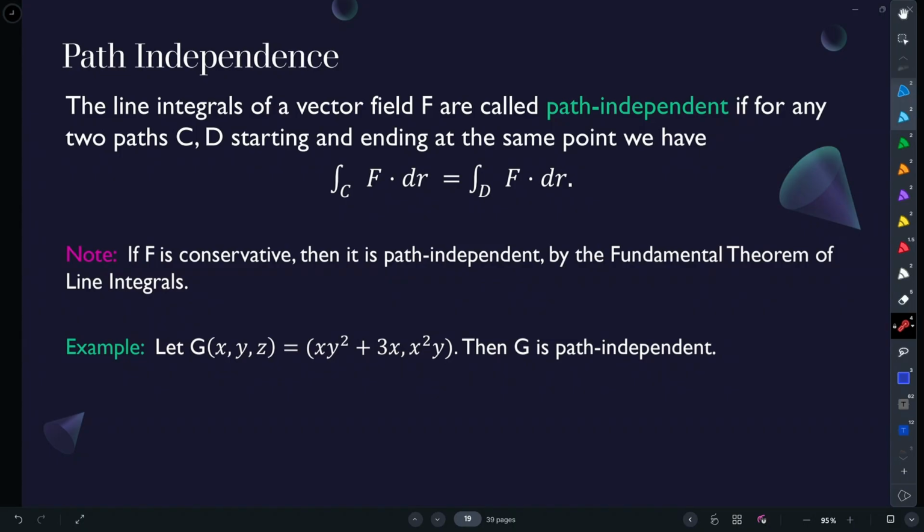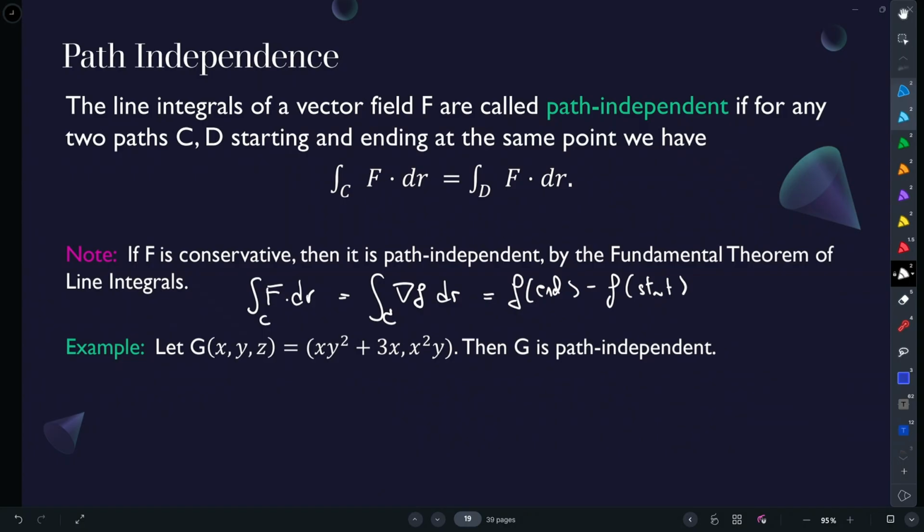It was just where you started and where you ended, right? So the fundamental theorem tells me that if f is conservative, it's the gradient of some function, and the integral is just going to be f of the endpoint minus f of the beginning.